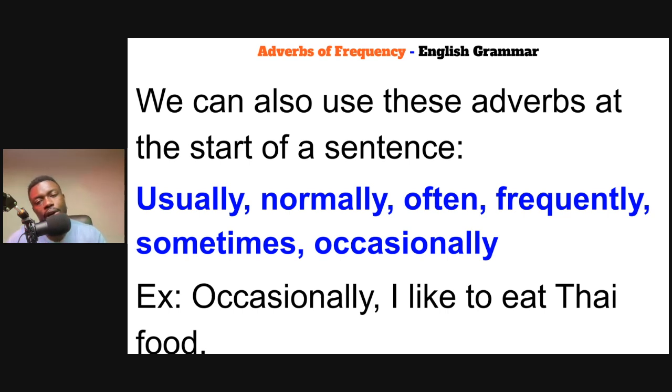For example: Occasionally, I like to eat Thai food. Thai food is a kind of food, like Asian food, stuff like that, okay? So occasionally, I like to eat Thai food.